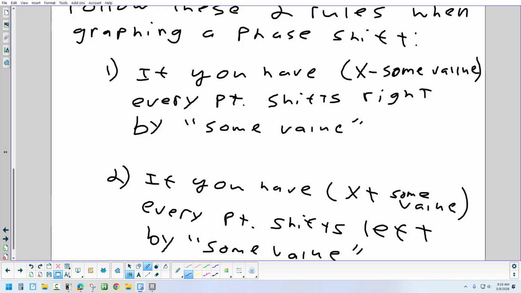Because usually when you think of plus horizontally, you think plus would go right, because that's the direction of positive numbers. Well, it's just not the way it works. So minus is right, plus is left. So the key thing we have to remember about phase shift is it is backwards. It's not what you would expect.